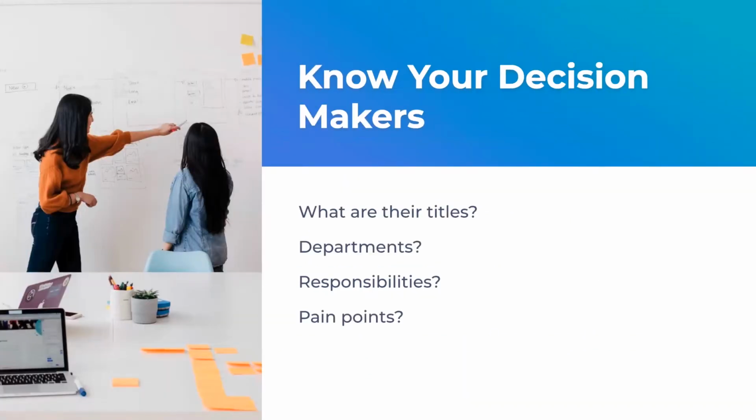Crucial to that, you have to know who your decision makers are. You need to know what their titles are, what departments they're in, what responsibilities they have, and in particular, and this one's huge, what the pain points are particular to that person or persona within the organization. Somebody in marketing is going to have a very different pain point that you're going to speak to than somebody in sales, or operations, or finance.